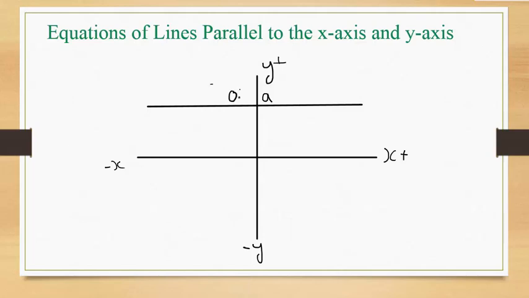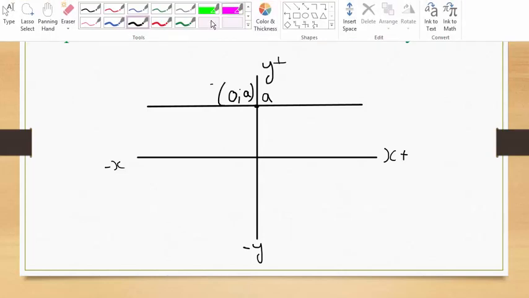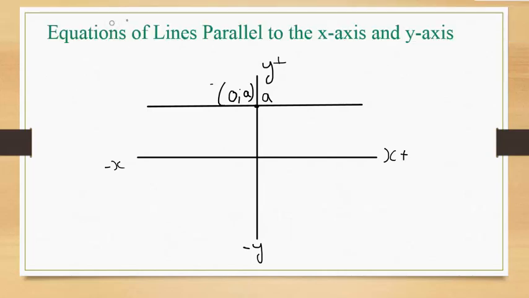These are the coordinates of this point. Now at every point, say here or here, my y will be A. So what will be the equation? The equation will be y equals A. y equals A will be the equation of a line that is parallel to the x-axis.